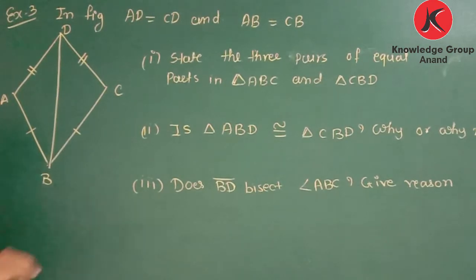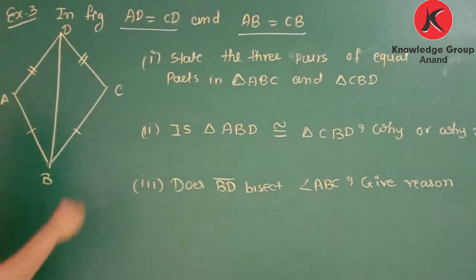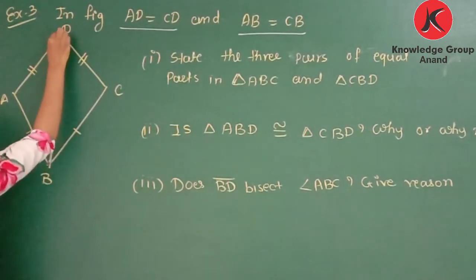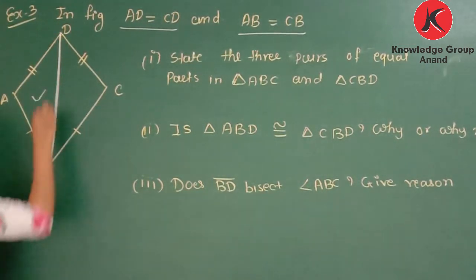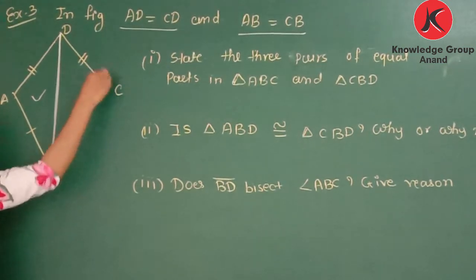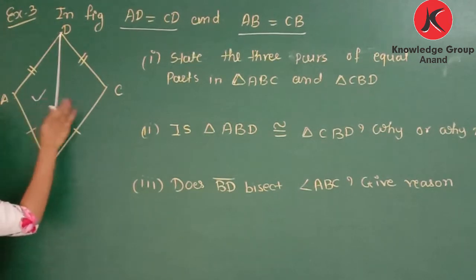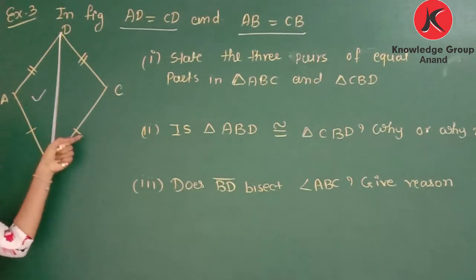Now in the figure the statement is written that two sides are the same, and you can see this is the common side of the triangles. If we consider triangle ABD, BD is a length. Now for triangle BCD, BD is the same line segment, and for both triangles this BD is a common side. So the length of BD will be the same for both triangles.